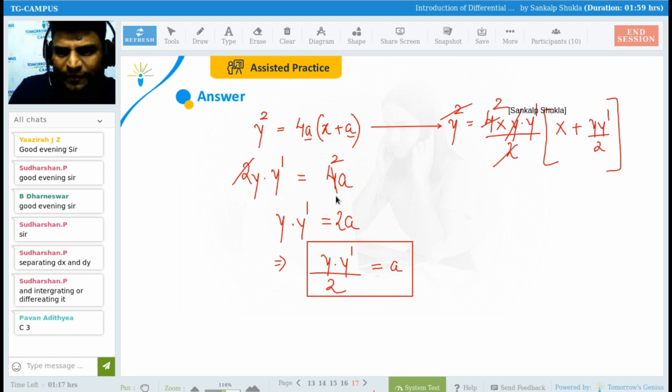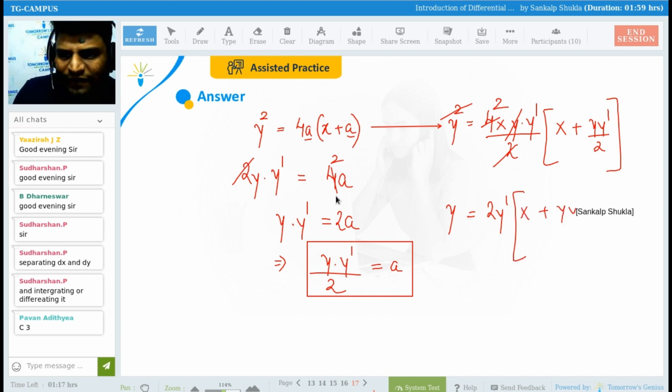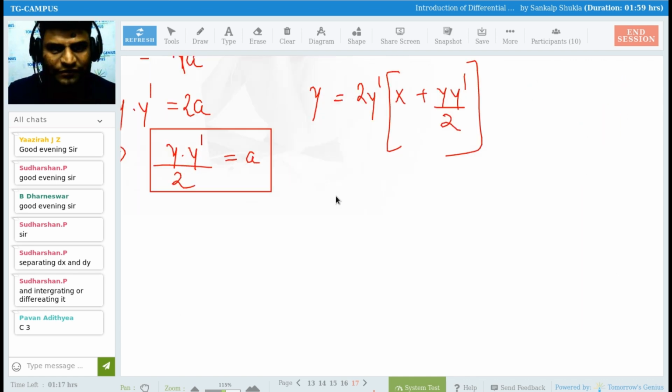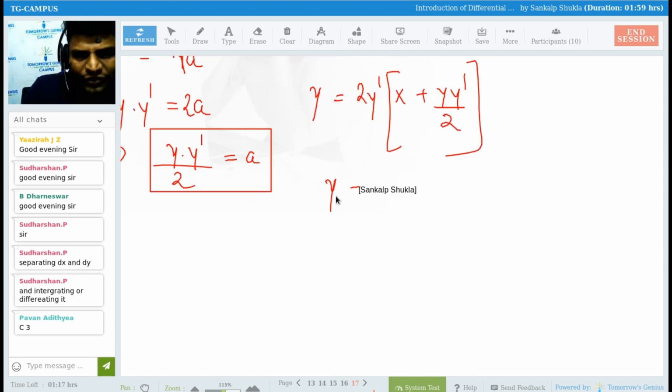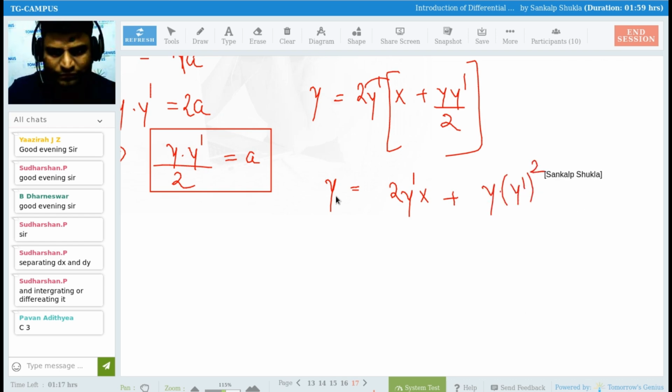This 2 and 4 will get cancelled. It will become y is equal to 2y dash into x plus y dash by 2. Are you getting the things? So y is equal to, just multiply this inside, so it will become 2y dash x plus, this 2 and 2 will cancel, y dash whole square. Yes?